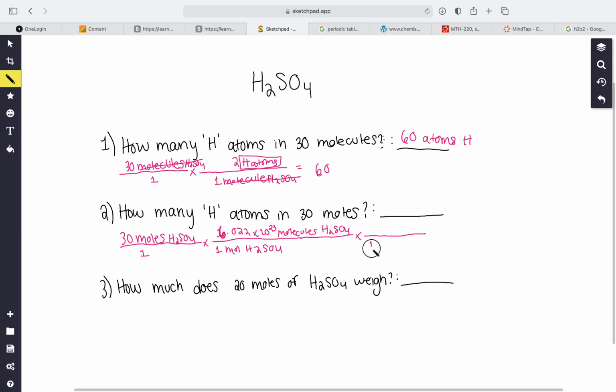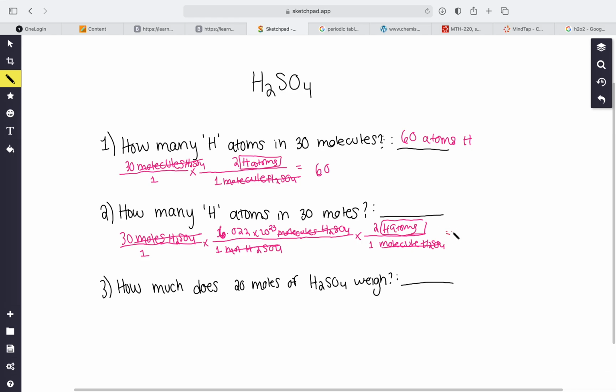Okay, now we do the same thing. 1 molecule of H2SO4 is going to have 2 hydrogen atoms, 2 H atoms. We can check again. We're crossing out moles, and crossing out molecules, and we're left with what we want. So that's how we know we did it right. And what are we going to get when we put it in the calculator?